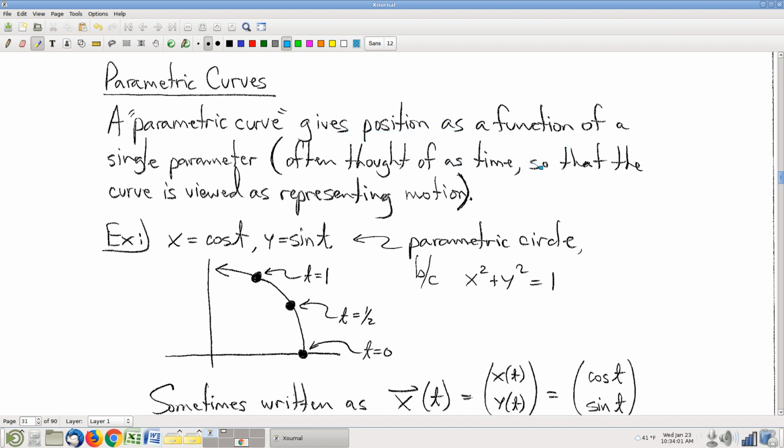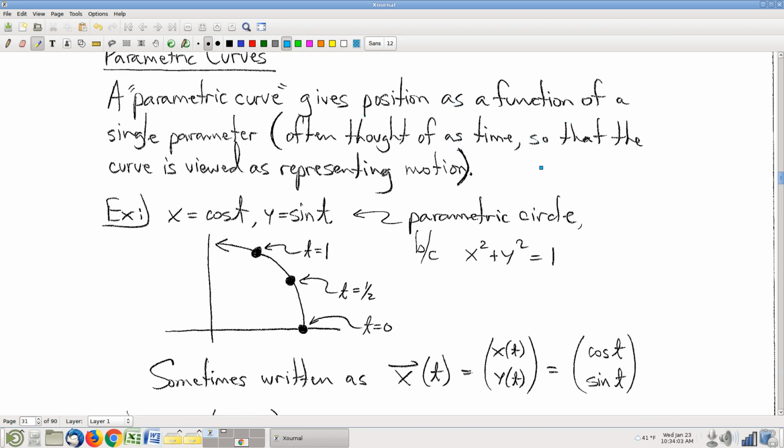So here's an easy example of a parametric curve. Look at those equations, x equals cosine t, y equals sine t. Notice that x and y between them tell you position for any given point in time. Both of these coordinates are functions of a single variable t, which again we're thinking of as time.